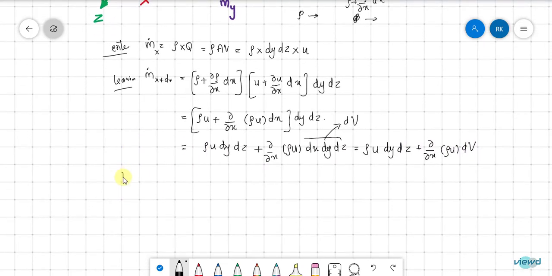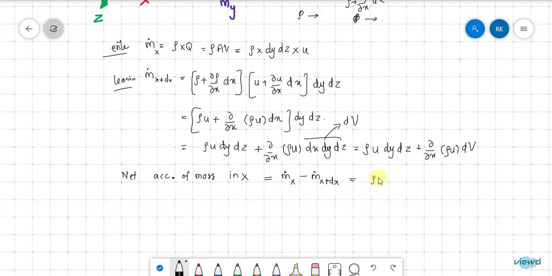So the net accumulation of mass in x direction will be equal to mass entering minus mass leaving. Since the accumulation is present, the leaving mass will be less, so that will be this equation.